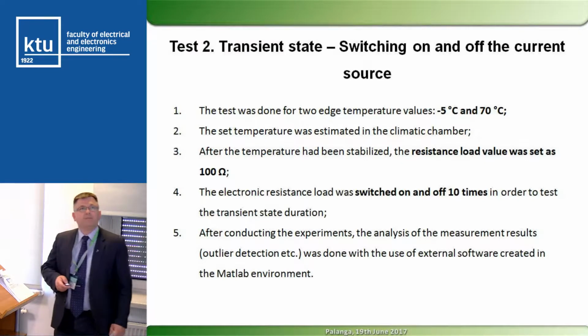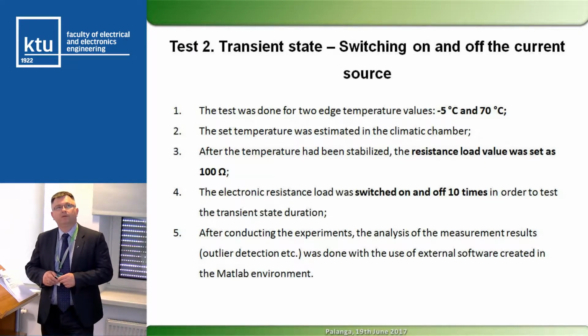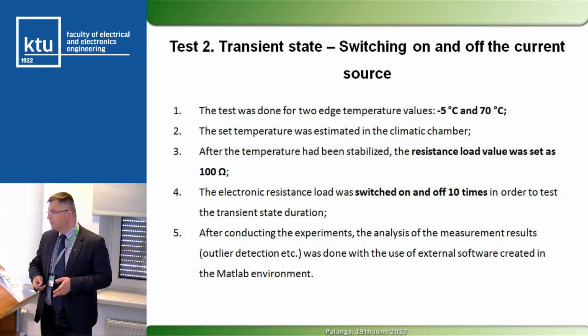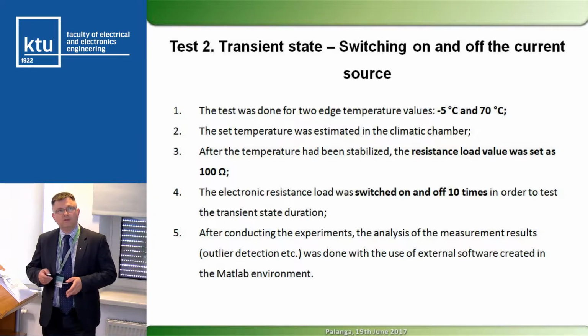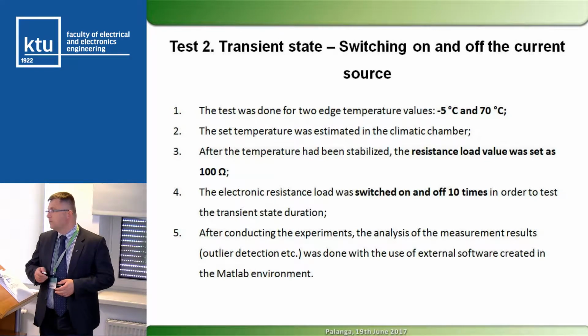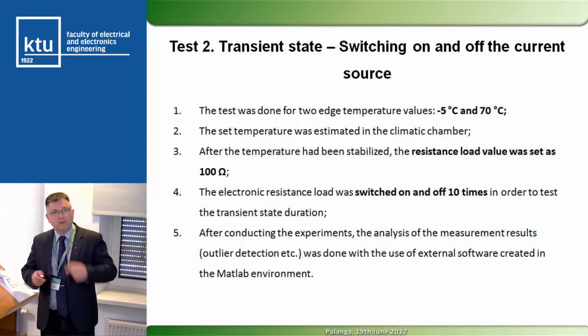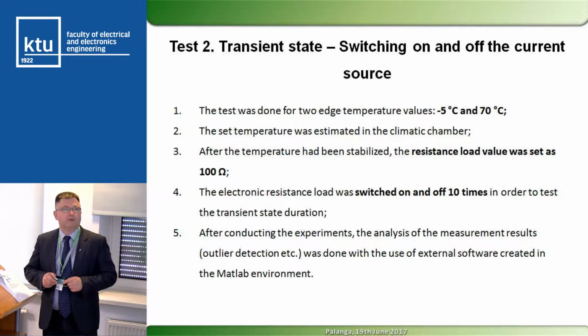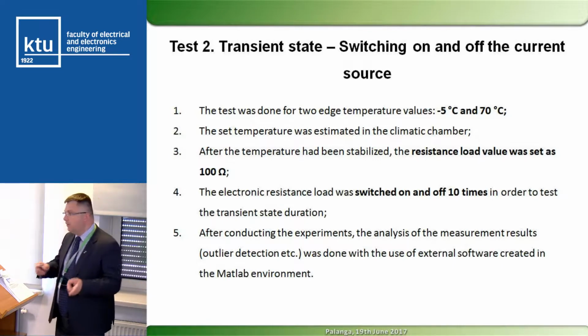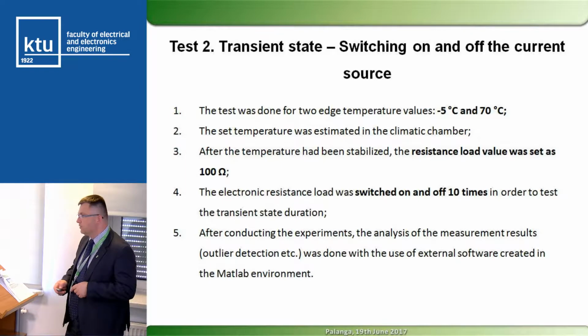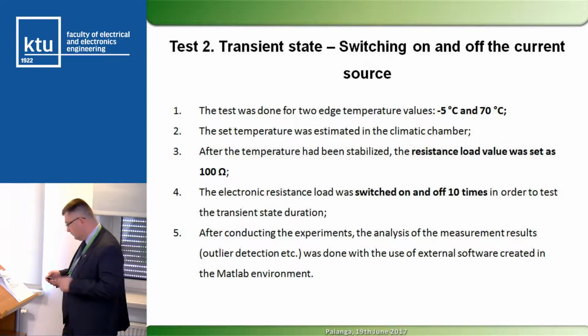The second test we did was during switching the current source on and off in the measurement circuit. The test was accomplished at temperatures of -5 degrees Celsius and 70 degrees Celsius. The load resistance was 100 ohms, and we switched the current source on and off 10 times during one research.